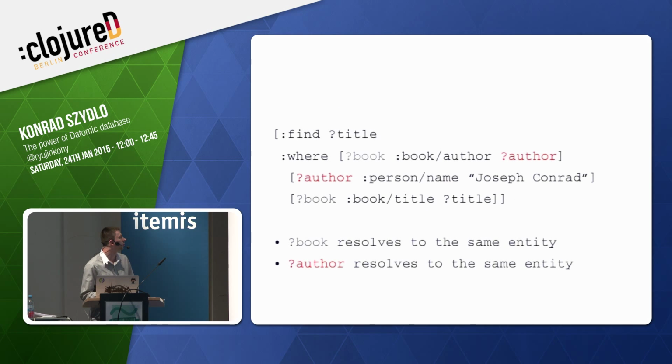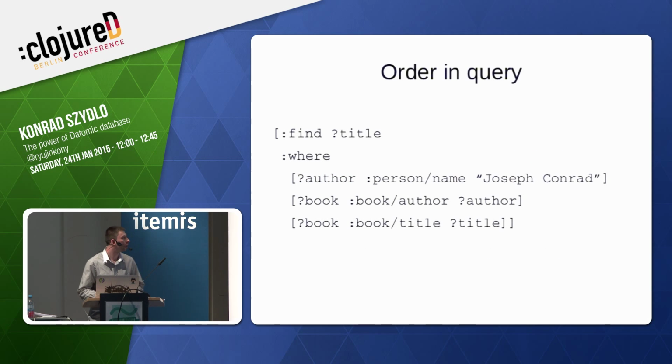So we can see here that book and author are repeated, and this hints to the Datalog query engine that book should resolve to the same entity whenever we repeat this variable.